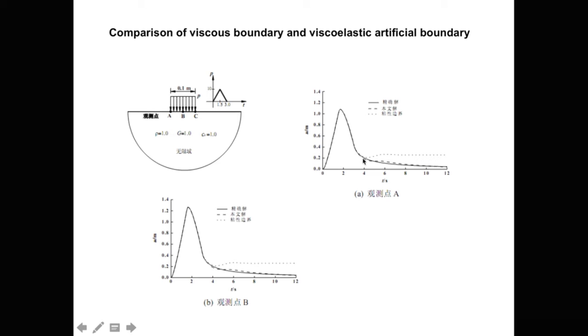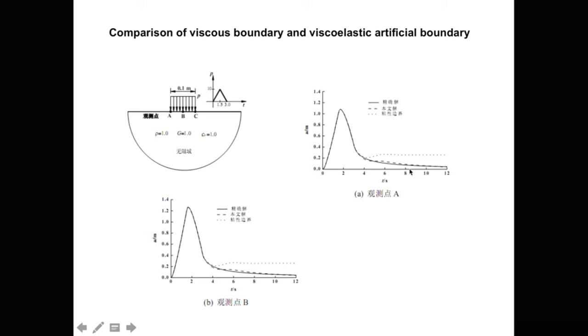And if we use viscous boundary, is the dashed line. And the continuous line is analytical solution. And the viscoelastic result is the dashed line close to continuous line.